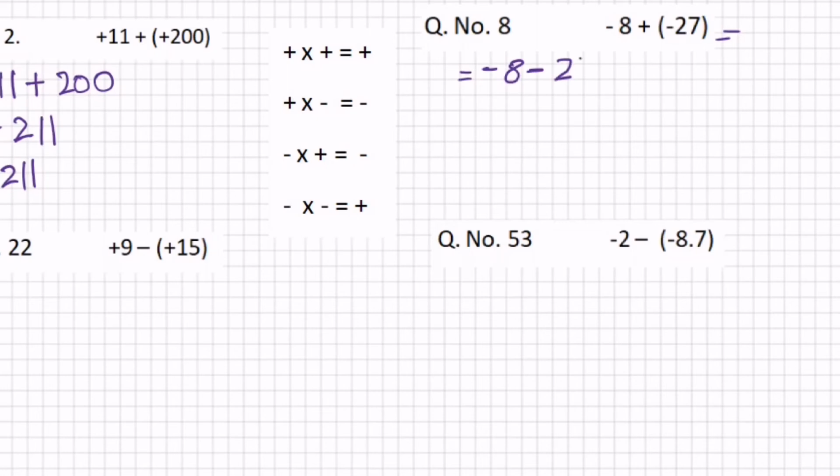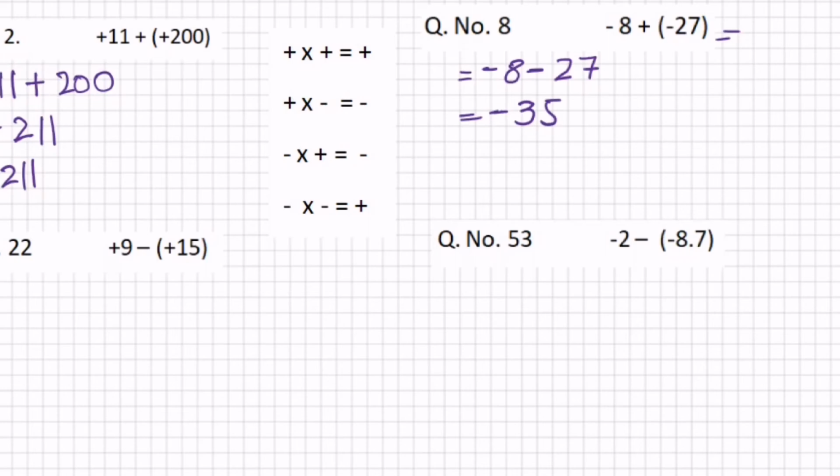Again no need to write the bracket. Now signs are the same. When signs are the same, we will write the same sign here. Then we will add up both numbers, because both are negative numbers. Sign will remain the same. So 27 plus 8 added up is 35. So minus 35 is the answer.